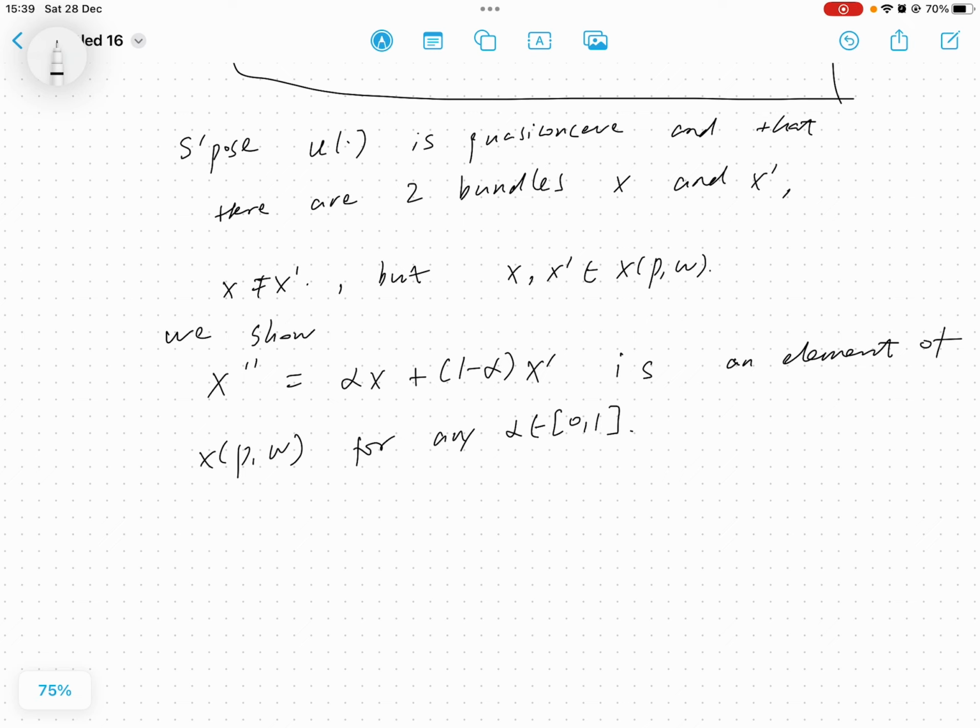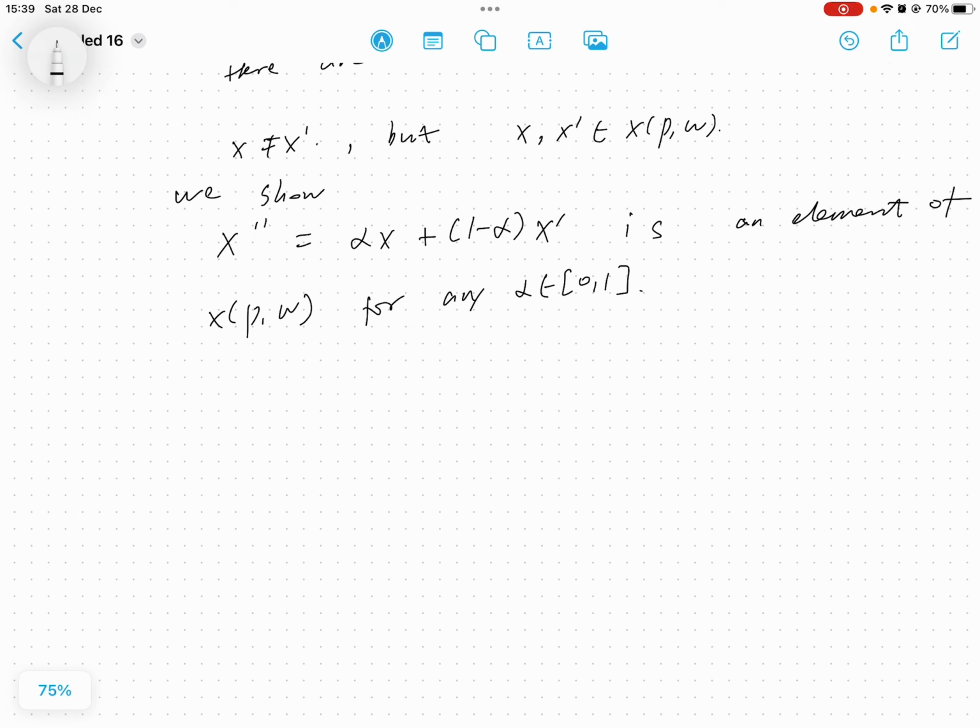So to begin with, we know that because those two, x and x prime, are in the solution set X, they have the same utility level, right? Which are the optimal level of utilities. So then we denote this by U star.